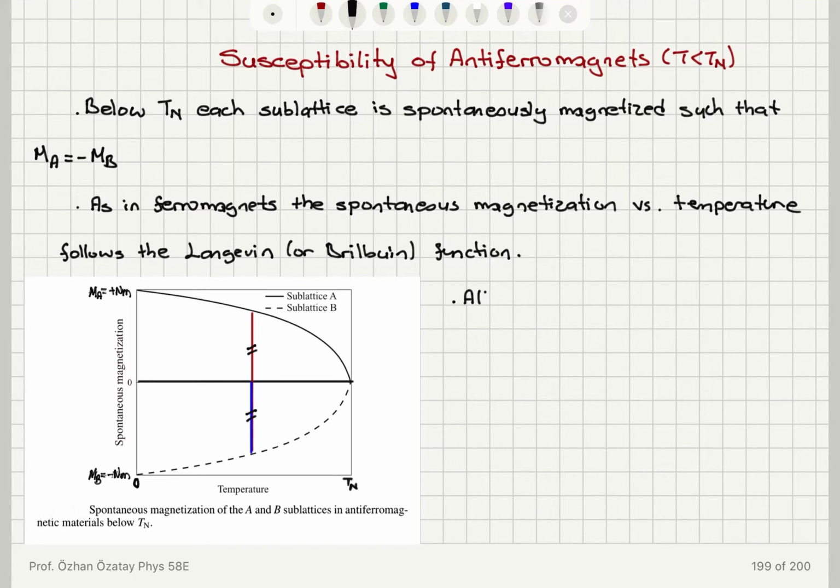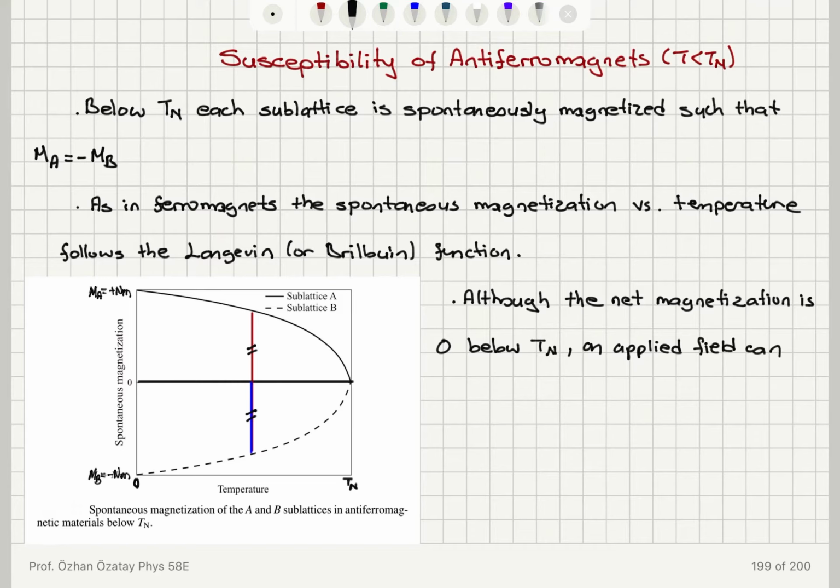So, although the net magnetization is 0 below the Néel temperature, an applied magnetic field can produce magnetization.